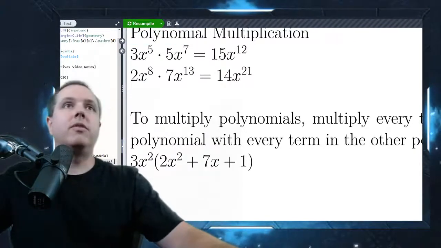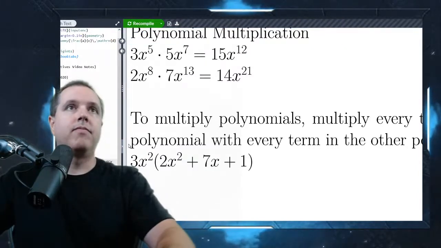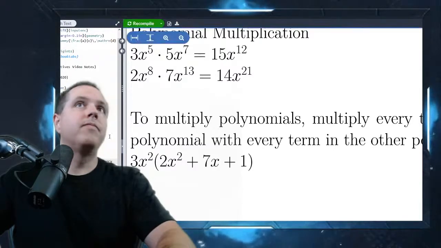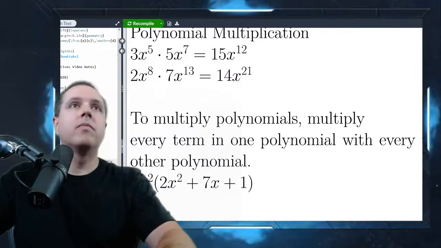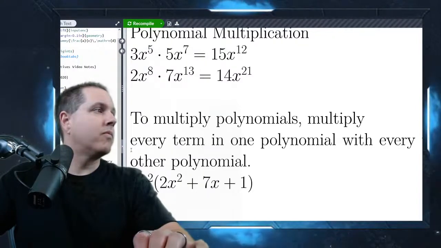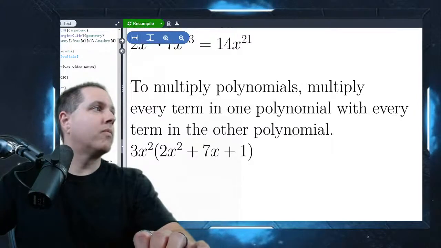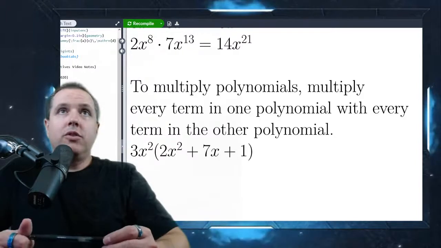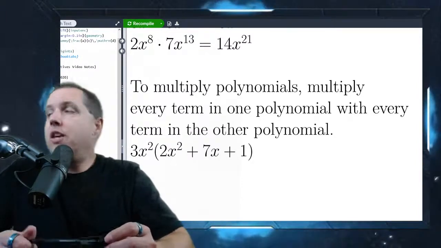And I'm going to have to do, let's see. There we go. To multiply polynomials, multiply every term in one polynomial with every term in the other polynomial.